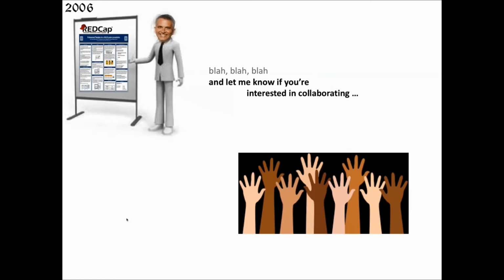So continuing the story of the collaboration, back in 2006, I was giving a talk and just invited, this is how we're solving this HIPAA security problem at Vanderbilt. We've got this new cool tool, et cetera. And if you're interested in collaborating, talk to me.